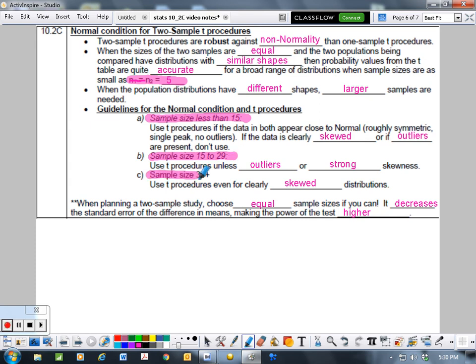Sample size 30 and up, it doesn't really matter. You can use it for skewed distributions or outliers. If you're planning your own study, choose equal sample sizes because it's going to decrease your standard error and make the power of your test higher. So always a good idea to try and make equal sample sizes if you can.